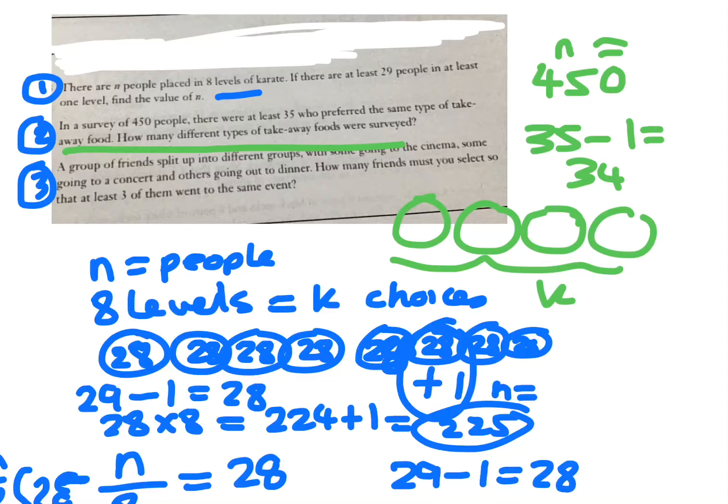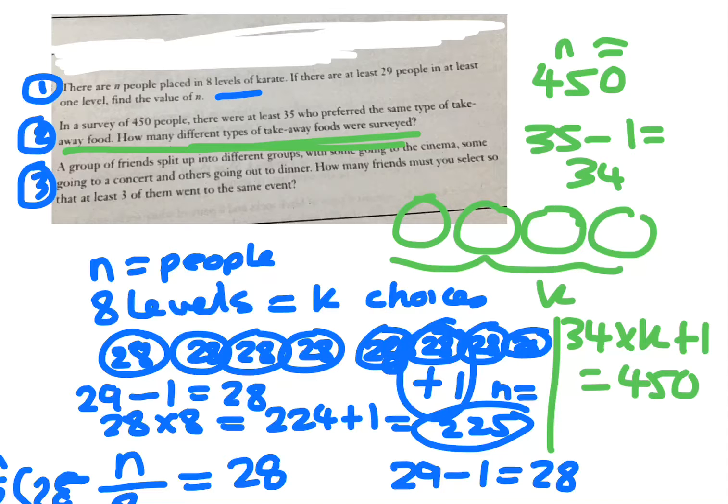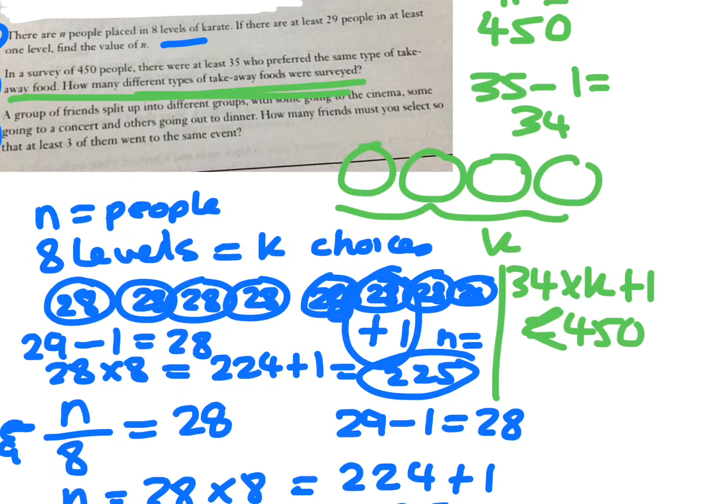So if we're looking at this, how many different types, so how many choices? If you did 34 times the k, and then you added 1, that should give you your 450 or be less than it. So to guarantee that this would happen, 34k would have to be less than 449.